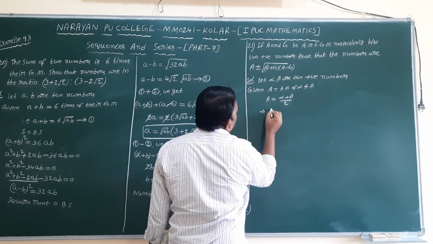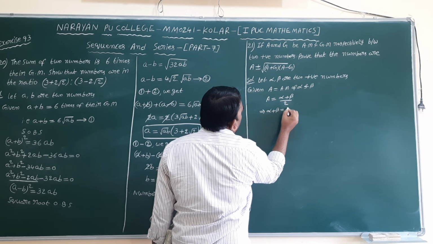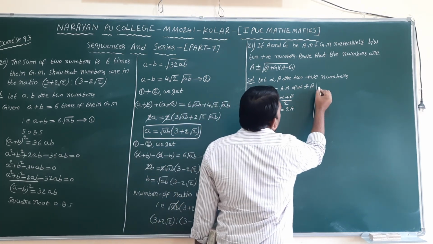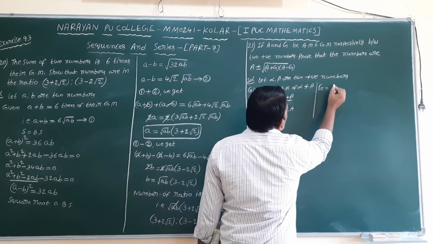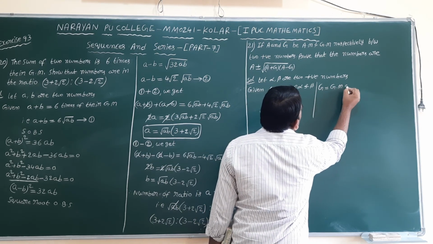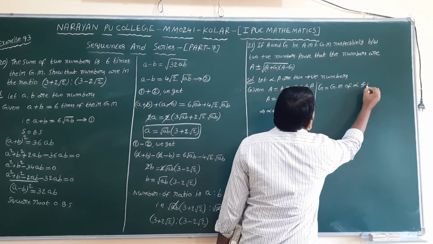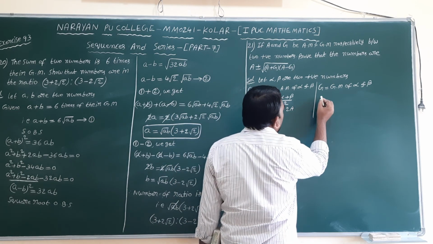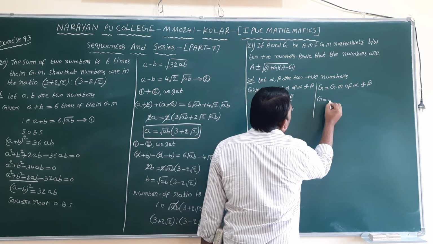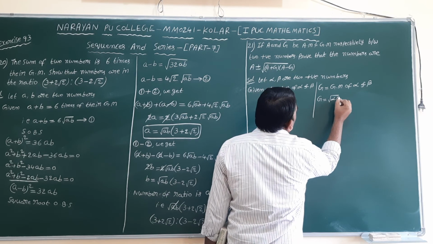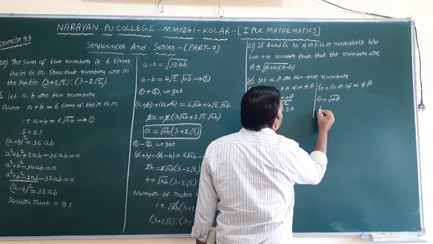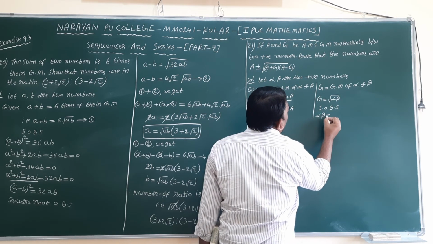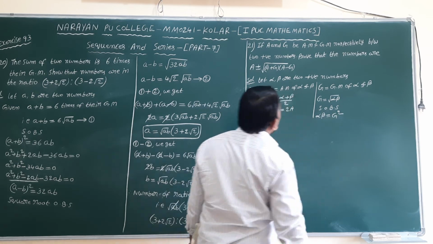So from this, alpha plus beta equal to 2A. Next, G equal to GM of alpha and beta. Geometric mean of two numbers is root ab, like that G equal to root alpha beta. So squaring on both sides, alpha beta equal to G square.